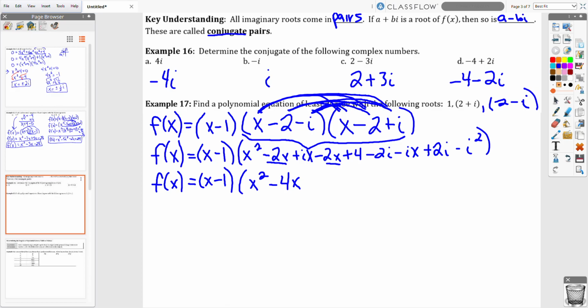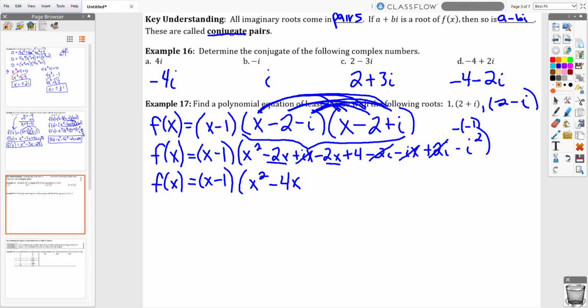And then the ix and the negative ix, these two add to 0. And then if you notice the other terms that have i's, the negative 2i plus 2i, negative 2 plus 2 is also 0. And then we need to remember something about i squared here. i squared is actually negative 1, so this is subtracting a negative 1.